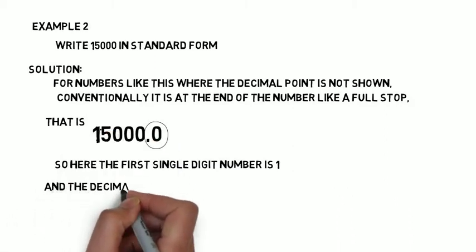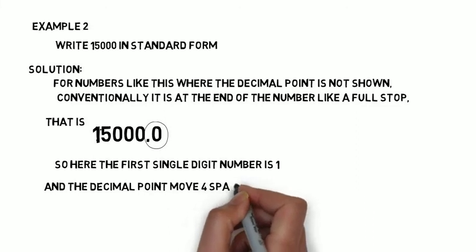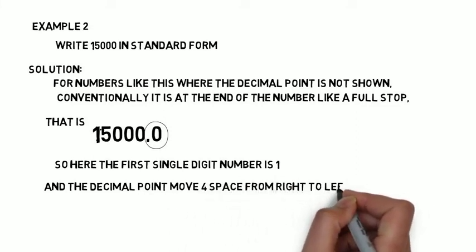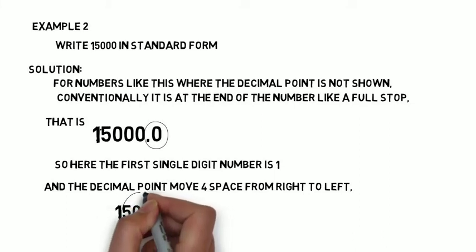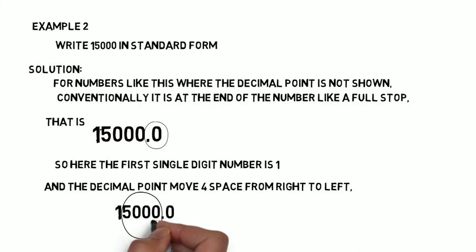left. That is, from where our decimal point is, we move from right to left, and the number of movements to the front of 1 is 4. Let's see, 1, 2, 3, 4, to the front of 1. And like I told you, when we are moving from right to left, our integer n is always positive. So here n is positive, and the number of movements is 4.